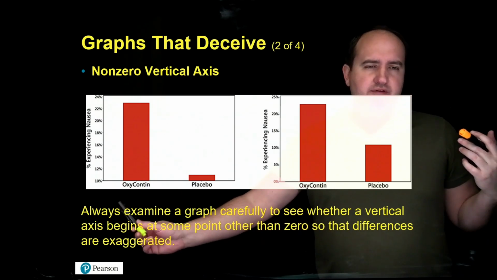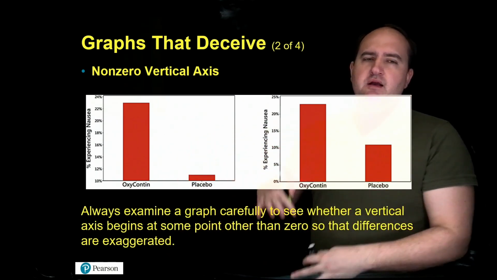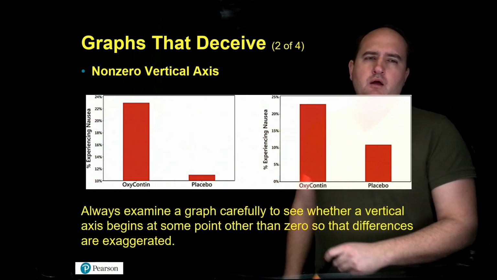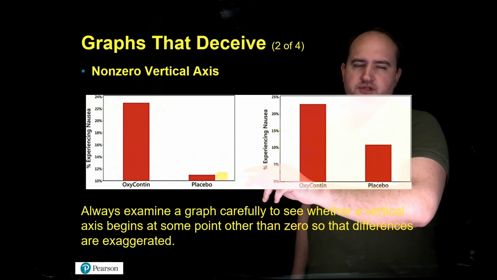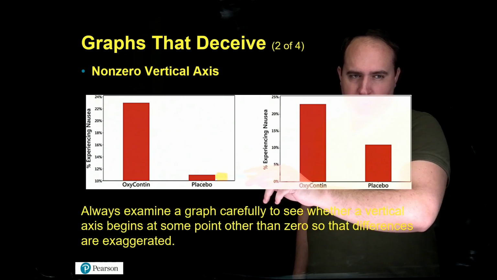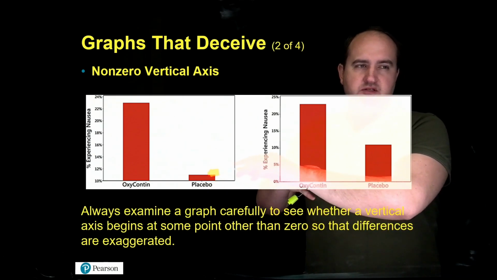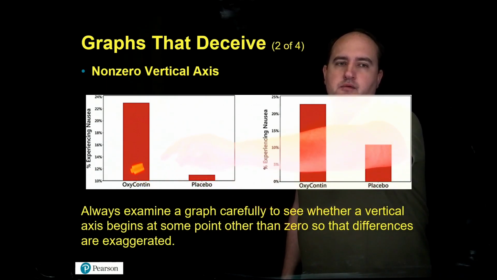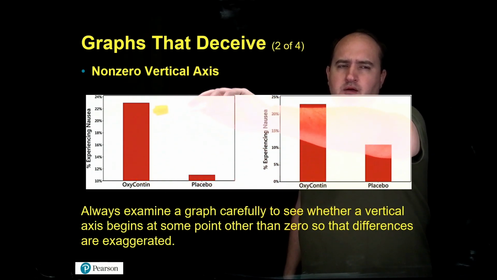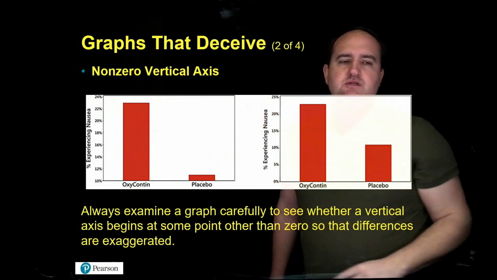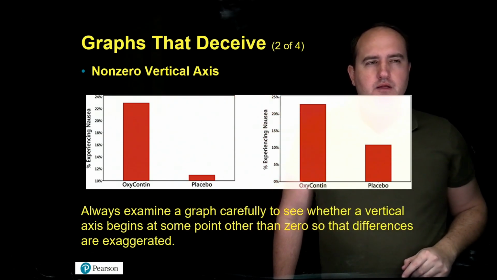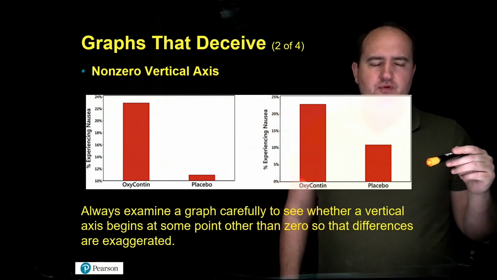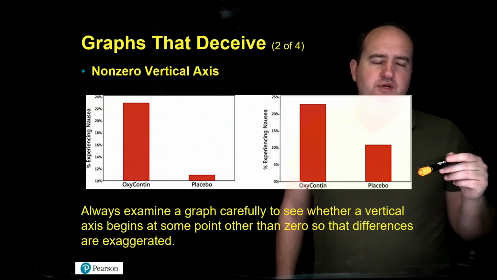I mean, on the graph on the left, if you just look at it and you don't read the numbers, it looks like the placebo is basically 0, just looking at it. And then OxyContin is like maybe 10 or 15 times as tall as that. Whereas for this graph on the right, it's not nearly as pronounced.